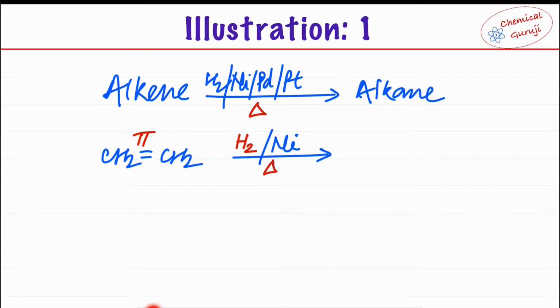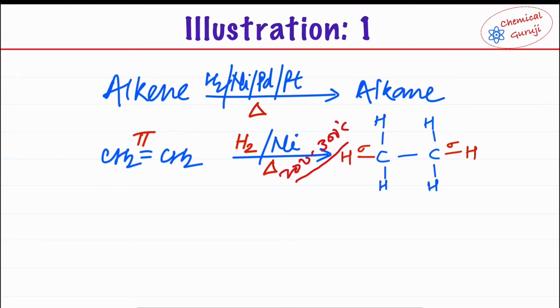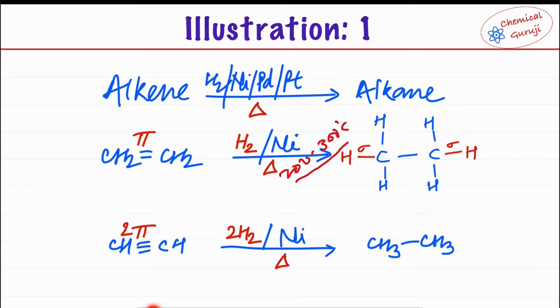Heating is required, as we discussed: for nickel there is a requirement of 200 to 300 degrees centigrade temperature. We can see the pi bond is getting replaced by sigma bonds. Two sigma bonds are being formed with the catalytic hydrogens, and here there are two pi bonds, so two equivalents of hydrogen are required to reduce it to the alkane.